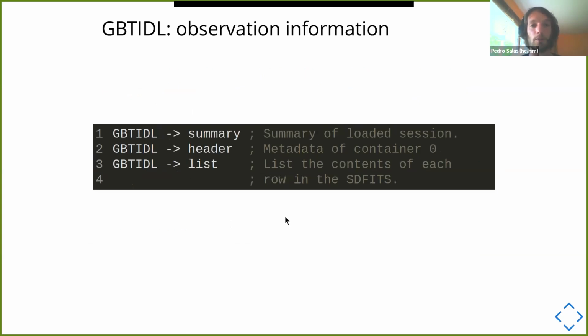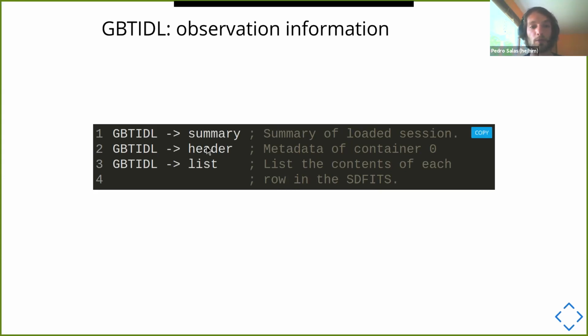To get information on your observation, once you have loaded an SDFITS file, you can get a summary of the observations using the summary command. And this will basically list all the scans, the sources, the number of spectral windows for each scan, the number of integrations, as well as information such as where the telescope was pointing, things like this.